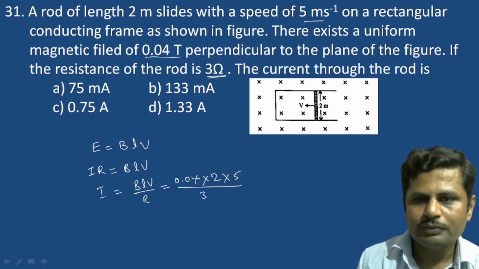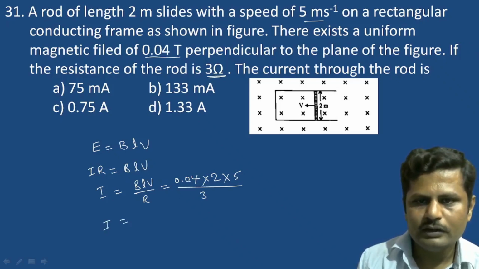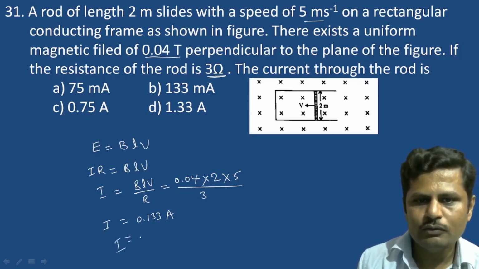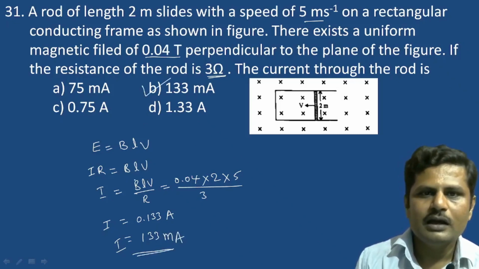So therefore here 5 into 2 is 10, we will get I equals to, simplifying this, 0.4 divided by 3. 0.4 divided by 3 is 0.133 ampere. But here we have 1.33 but not 0.133. So therefore we can convert this like this, I equals 133 milliamps. So therefore option B would be the correct answer.